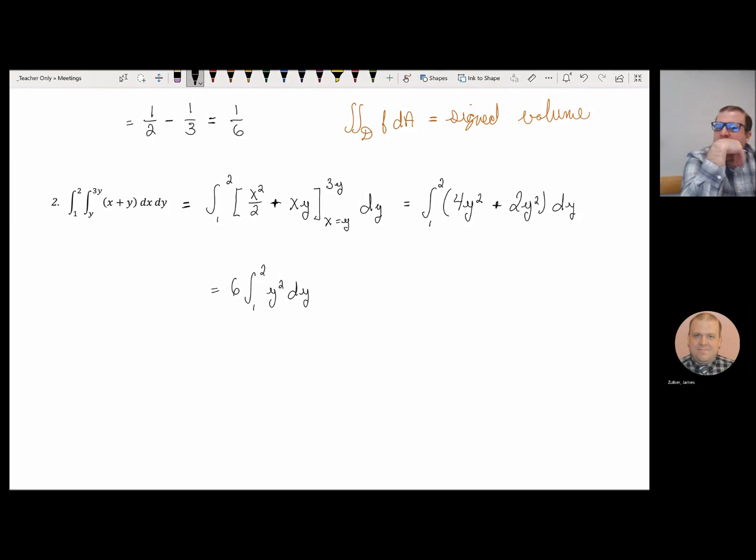X squared over 2 from y to 3y, right? 9y squared over 2, and then minus y squared over 2. So I evaluate each piece individually over the interval.